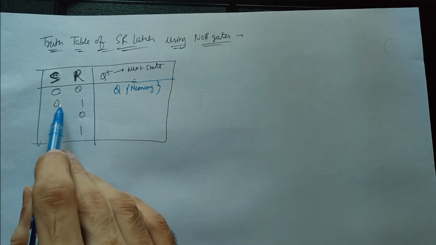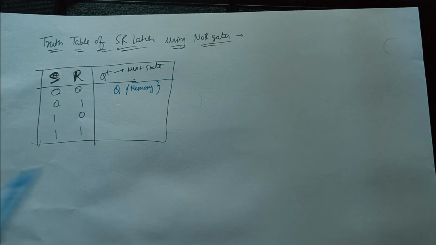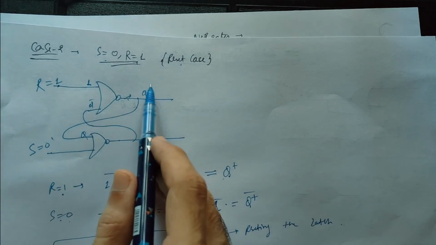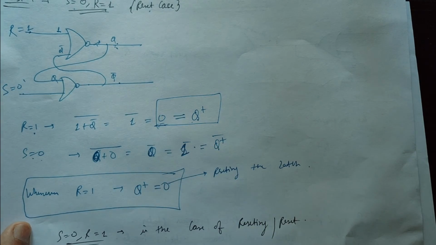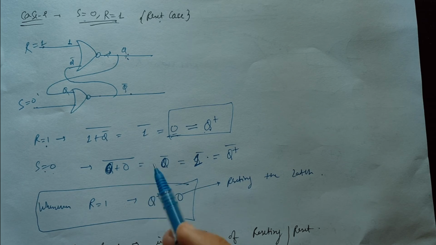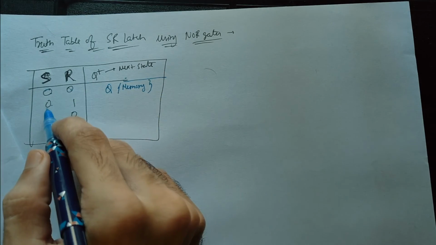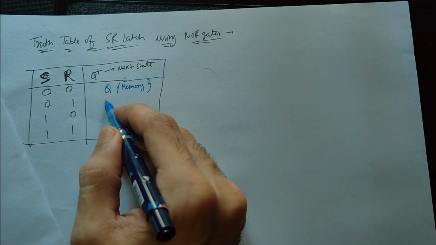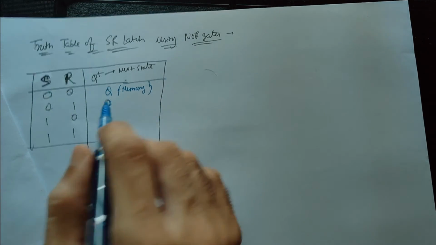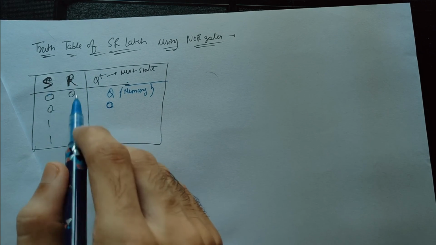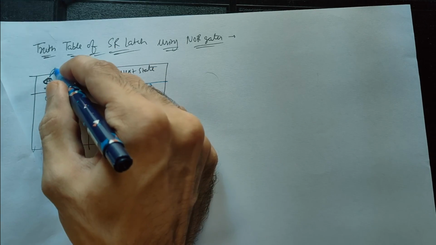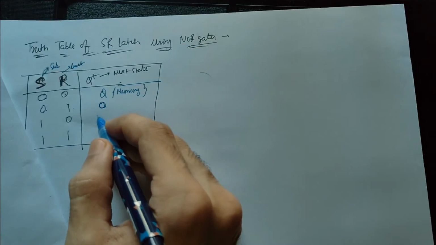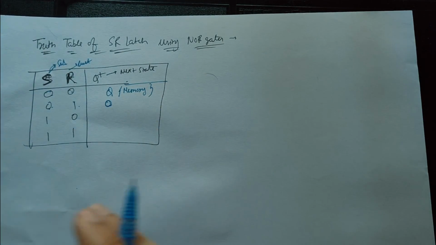When S is 0, R is 1, that is case 2, we are having Q plus as 0. So whenever S is 0 and R is 1, the next state is 0. Why? Because R is 1, that is reset. Reset would lead to 0 output.